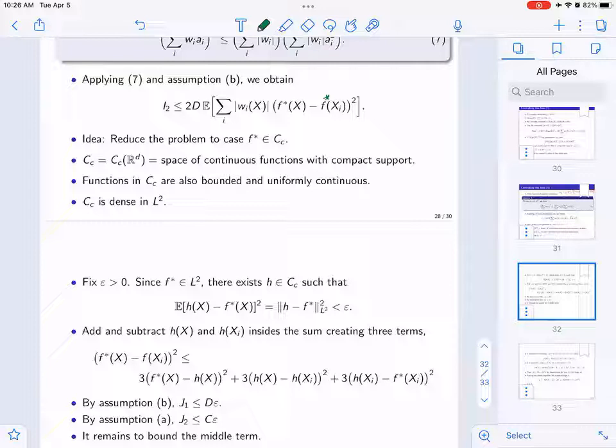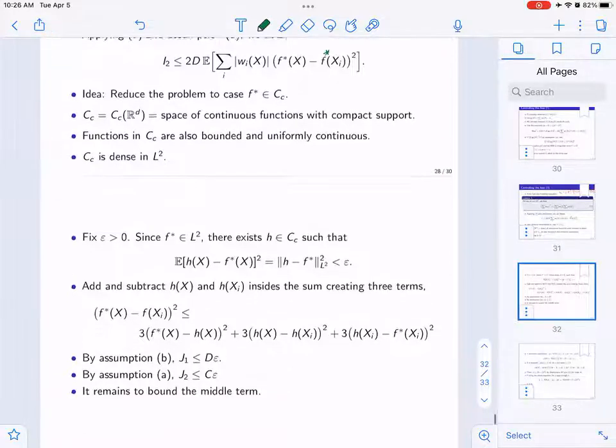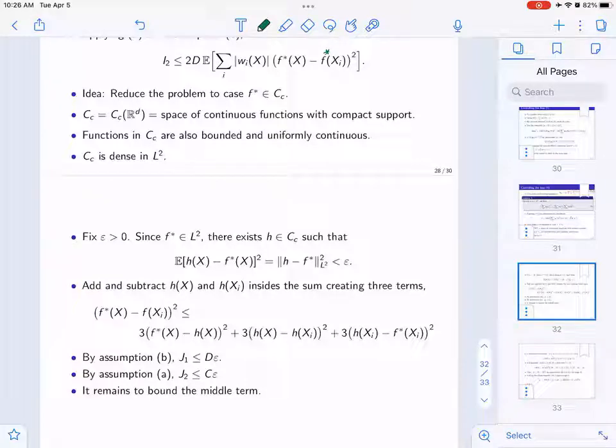Then I'm going to add and subtract h evaluated at x and at xi.